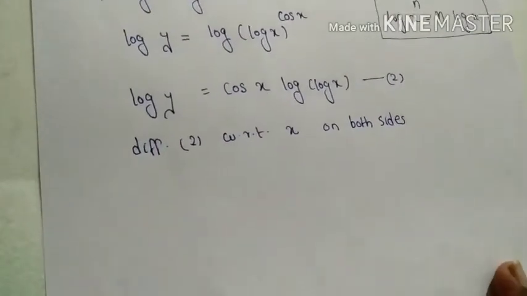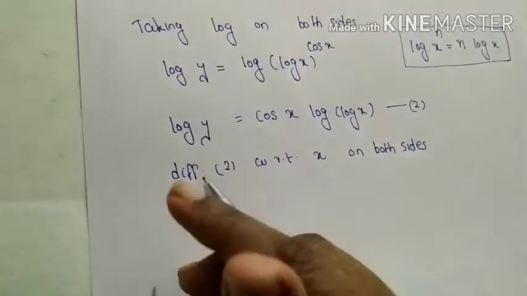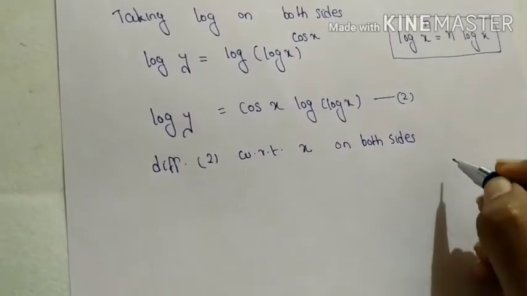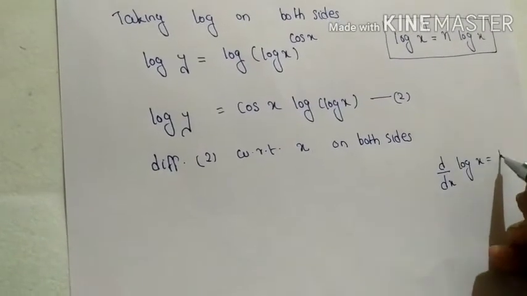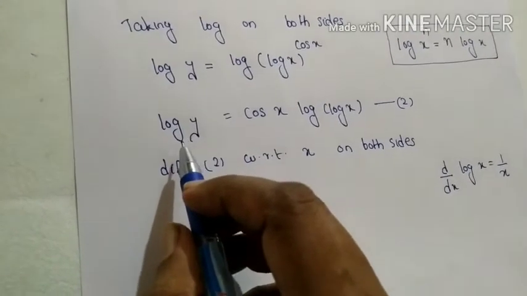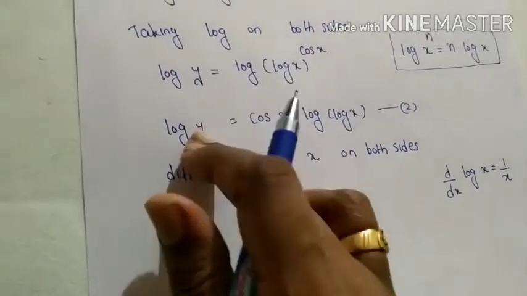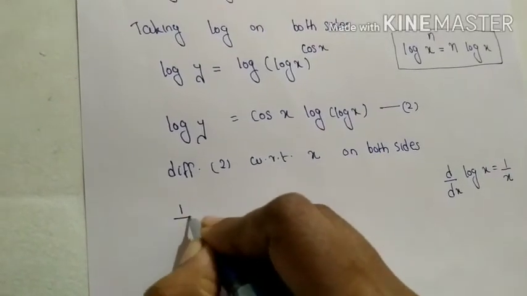And we get, we know that the standard derivative of log x is 1 by x, but here we need to find the derivative of log y. So replacing this x by y, we get 1 by y.